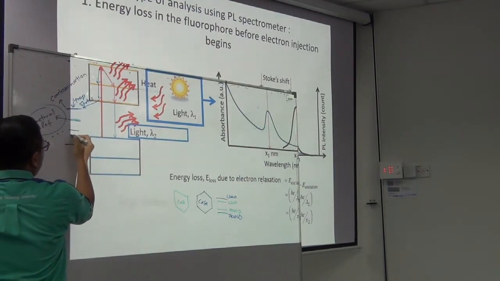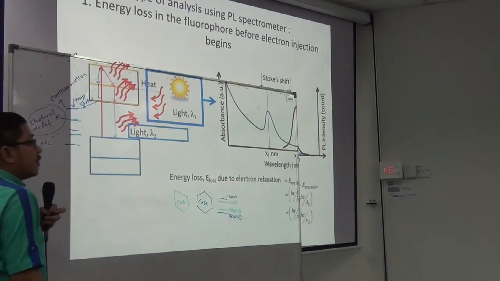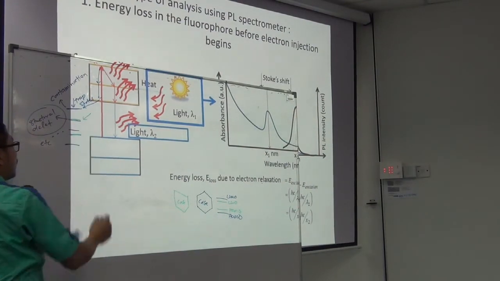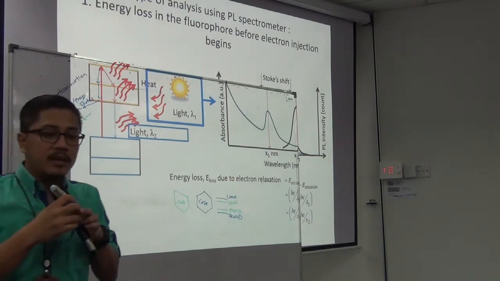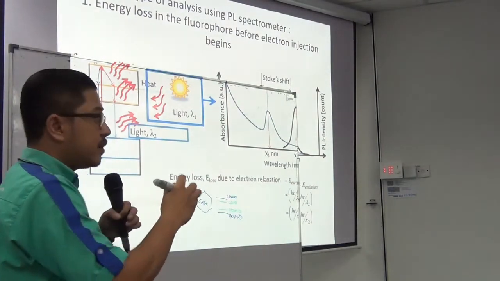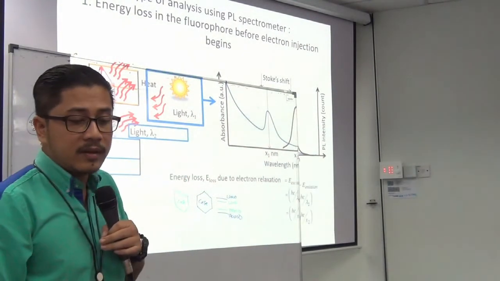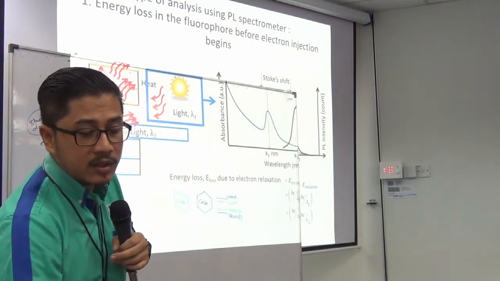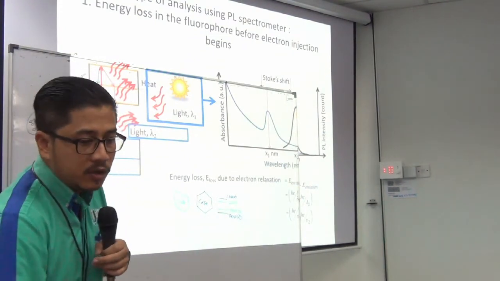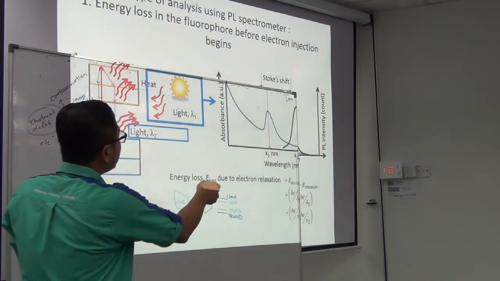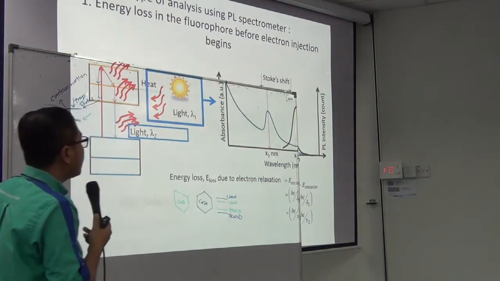So contamination and structural defect give us trap states and will give us energy loss before electron injection could happen. So how do we calculate the energy loss? Using the Stokes shift, just like what I presented just now.